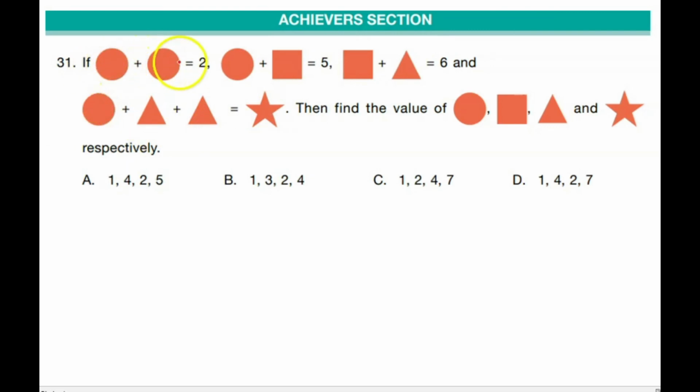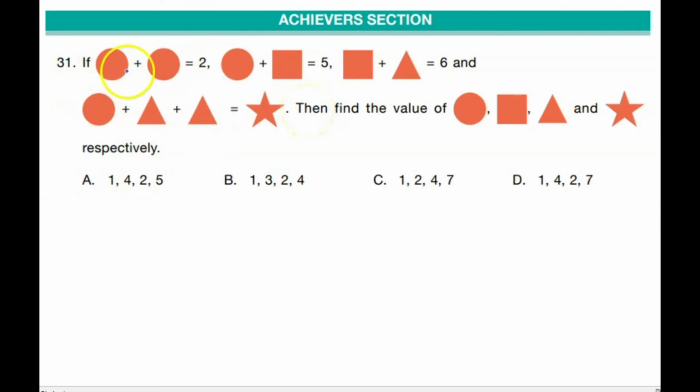If circle plus circle is 2, circle plus square is 5, square plus triangle is 6, and circle, square, circle, triangle is equal to a star. Find the value of each shape respectively.